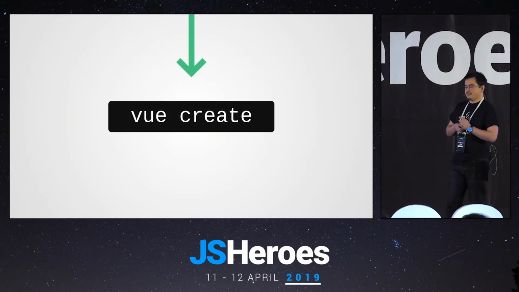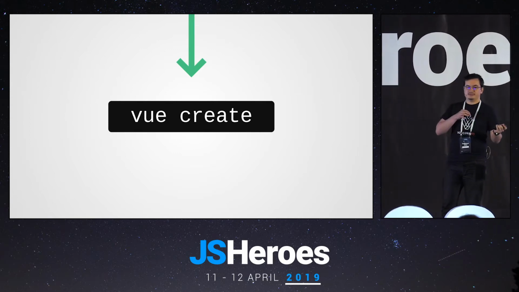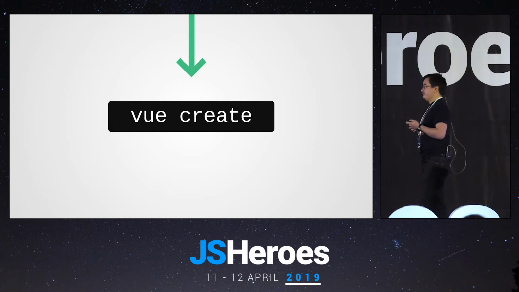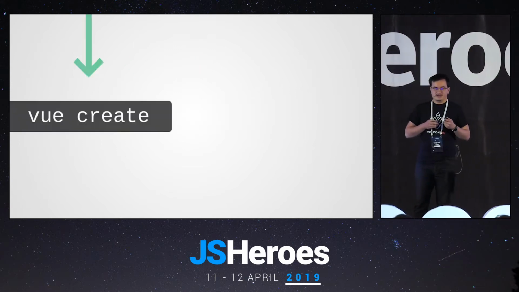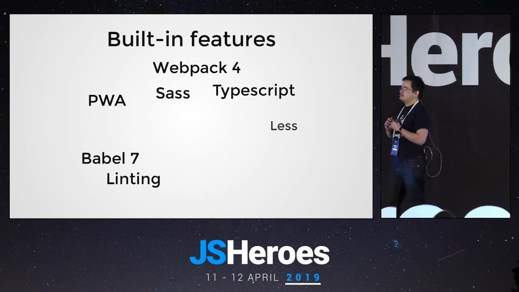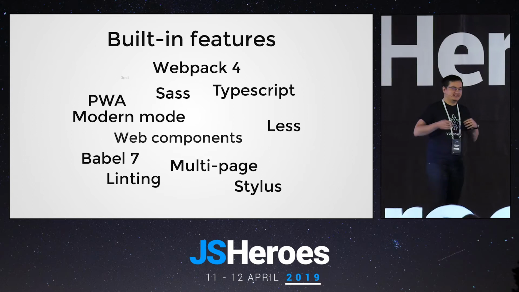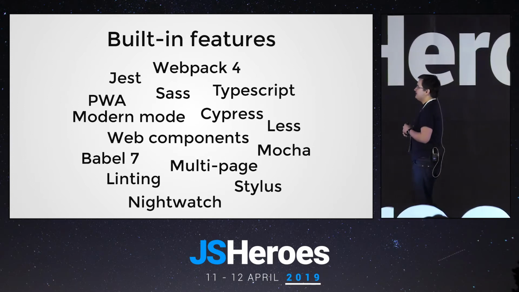This is one of the most interesting parts. Compared to vue init, it's going to behave very differently. It also has a lot of new things, like Webpack 4, Babel, PWA support, TypeScript, and a lot of built-in features, really.